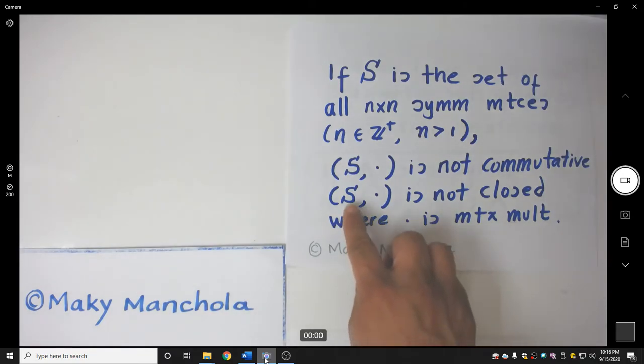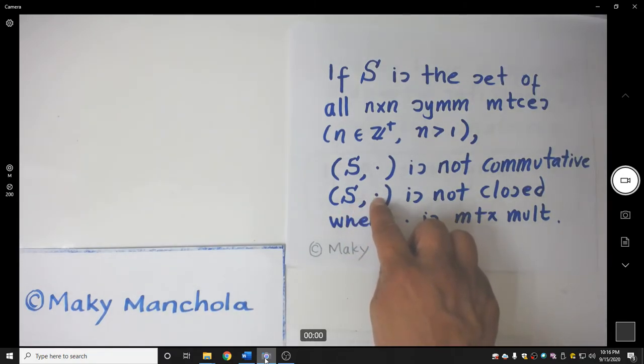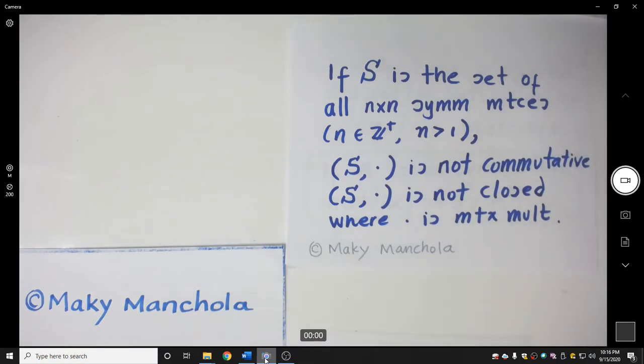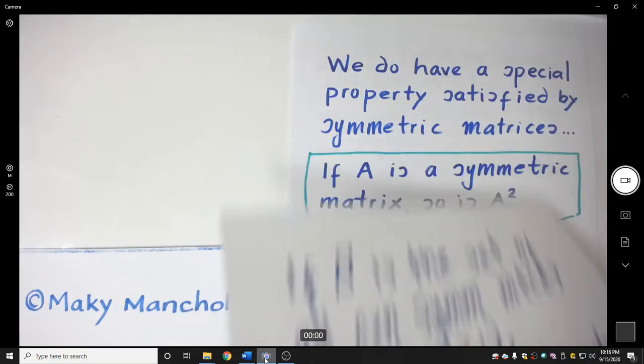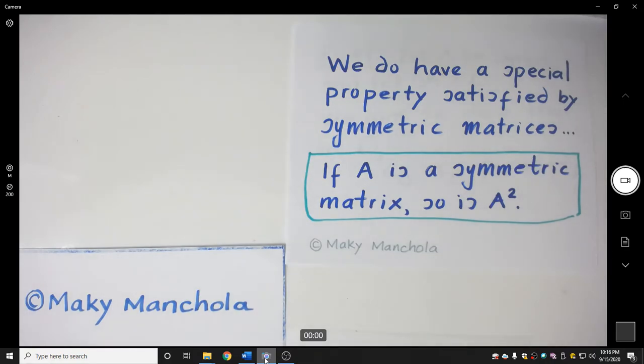The structure S with multiplication of matrices is not closed either. Okay. We do have a special property satisfied by symmetric matrices, and that is the following. If A is a symmetric matrix, so is its square.